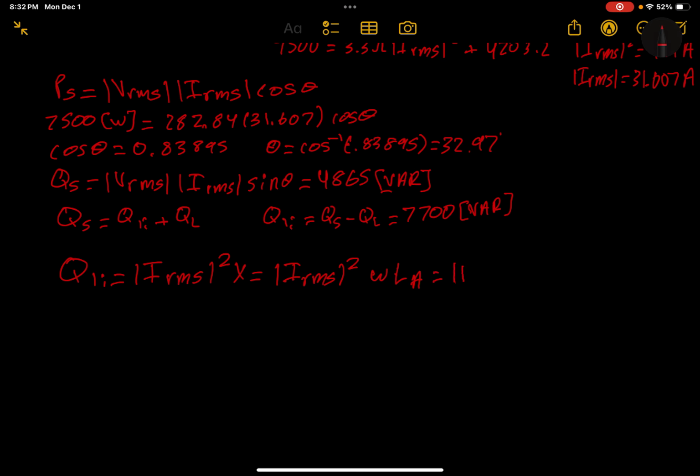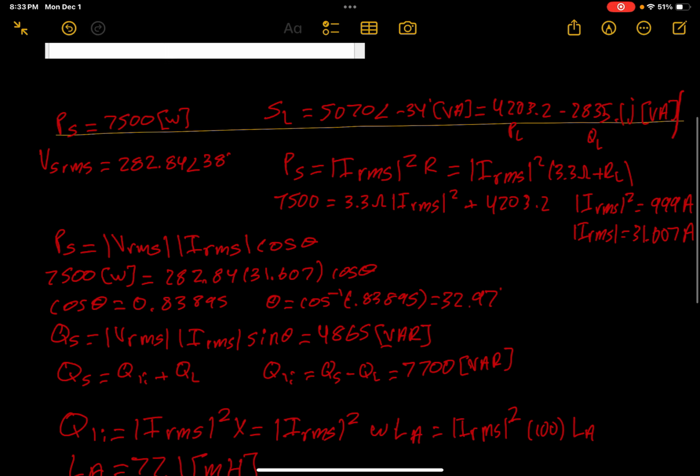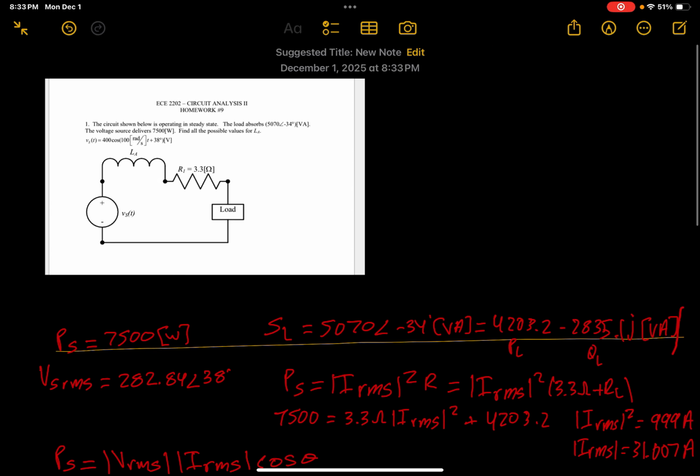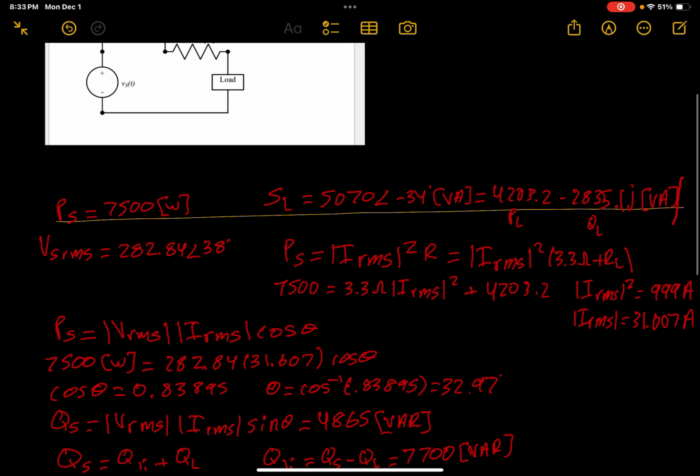So we have I. And then we already know the reactive power of the line, so we can solve for LA. And solving for it, we get that it's equal to 77.1 millihenry. And that is how you solve problem 1 of homework 9, complex power. Thanks.